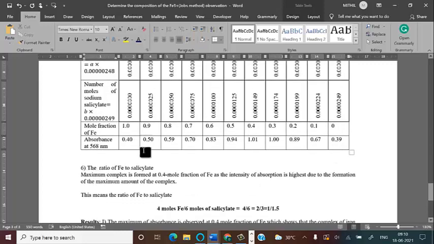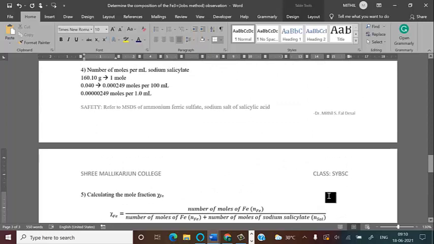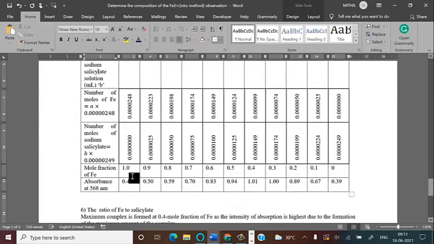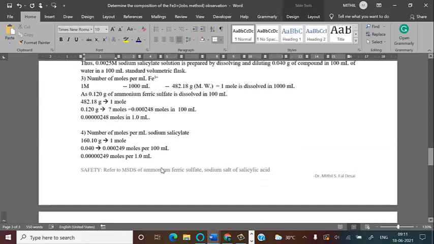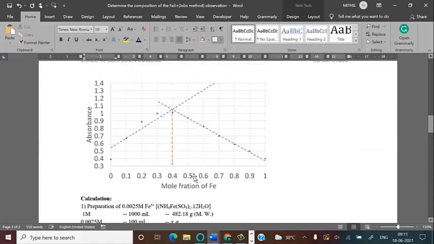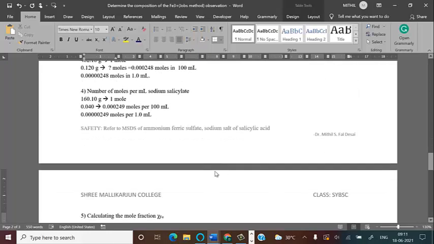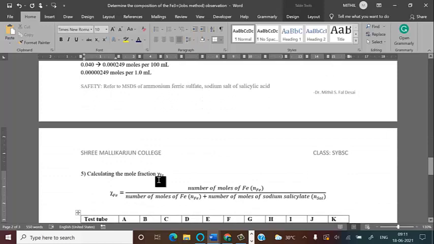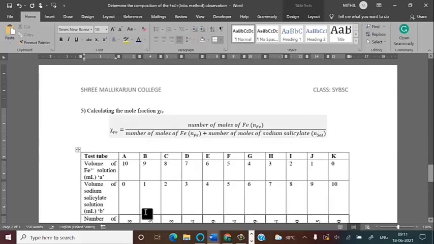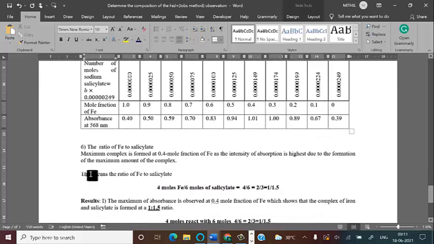Now when we do all this, we have done the absorption plot and we got 0.4. That means at 0.4 mole fraction of Fe, the maximum complex is formed, as the intensity of absorption is observed to be higher due to formation of the maximum amount of the complex.